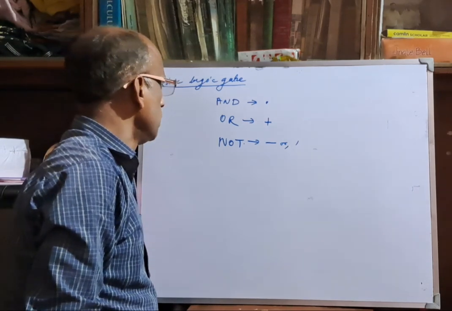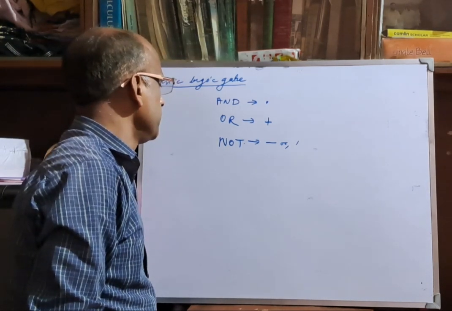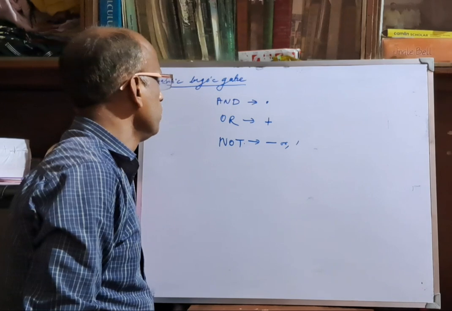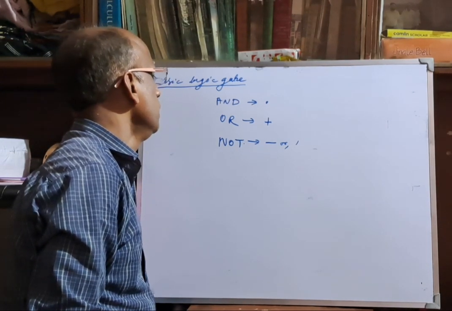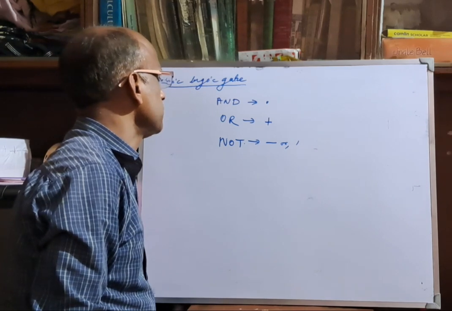So first of all, you identify how you will identify the operators here. This is called basic logic gate.